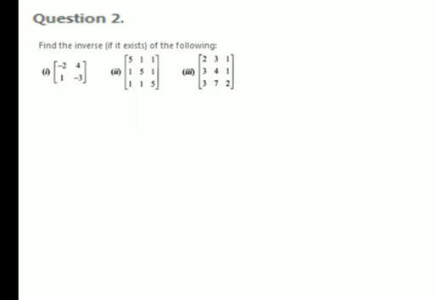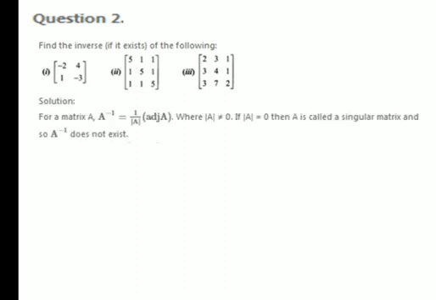Second question: find the inverse of these three sums. First, for the matrix A, the formula is A inverse equals 1 by modulus of A times adjoint of A, if modulus of A is not equal to 0. If modulus of A equals 0, then A is called a singular matrix, and so A inverse does not exist.